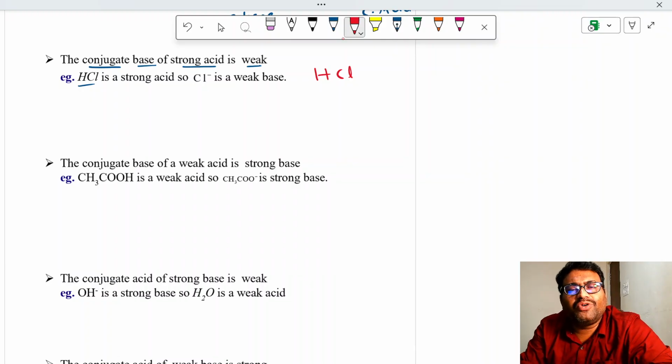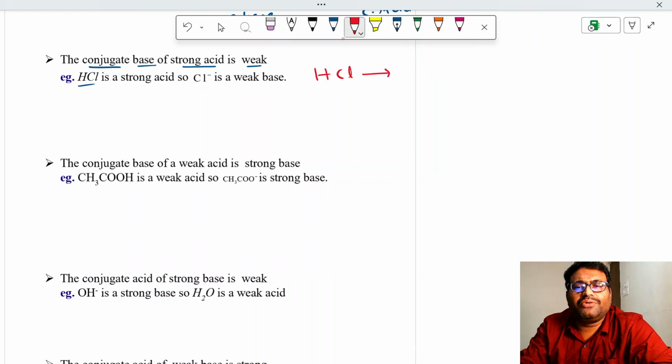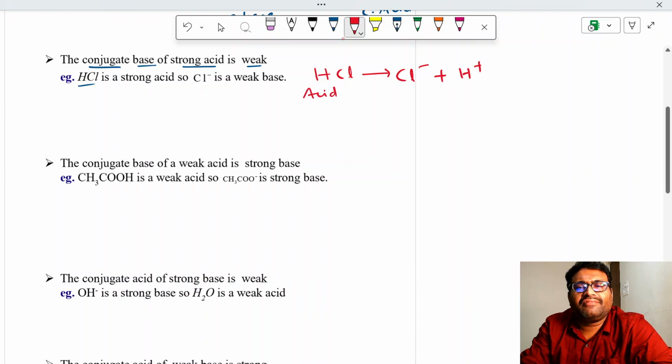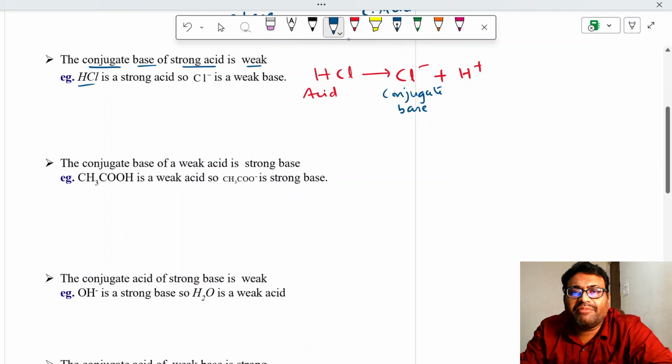If it has more tendency to donate a proton, then it is called a strong acid. It converts into Cl minus plus H plus. See, what is this? Acid. Then what will be this? This will be the conjugate base, because they are differing by a proton.